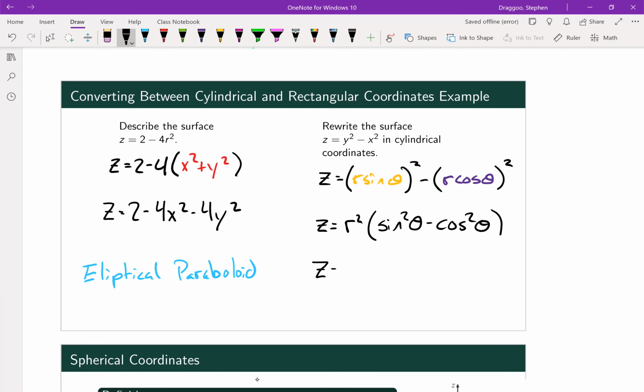If we remember our trigonometry, this will be equal to negative r squared cosine of 2 theta.